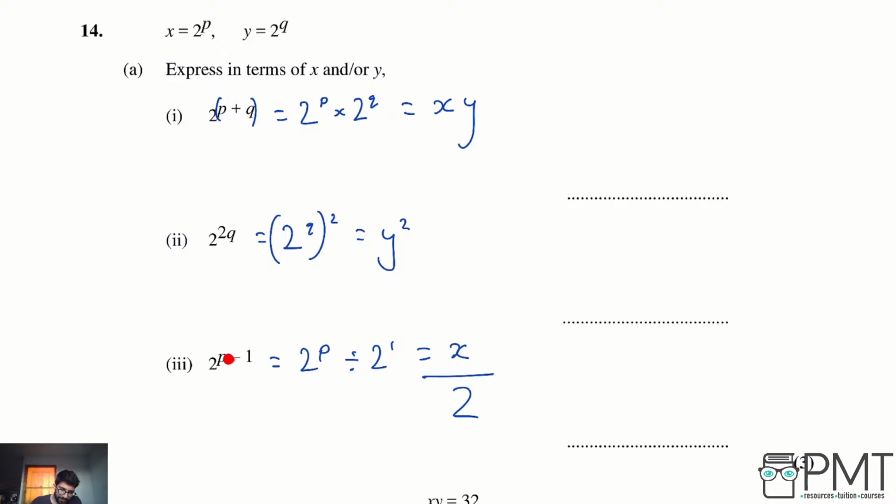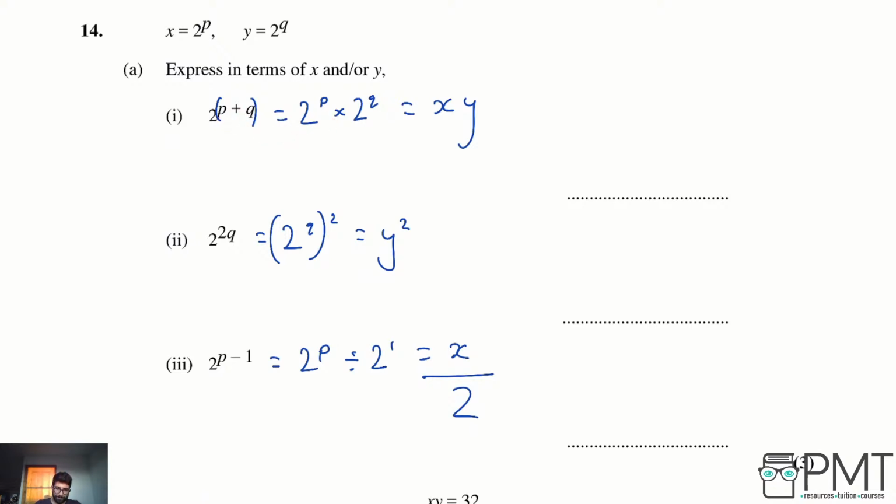And here the powers are subtracted, so it's a division with the same base. Then you look at what's being subtracted, which is p minus 1. That's why it's 2 to the p over 2 to the 1. So this is the idea going from the first expression to the next one.